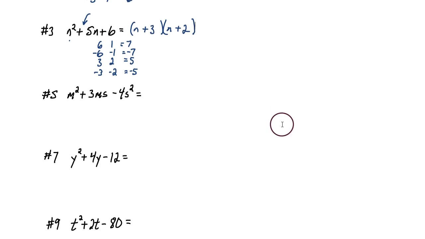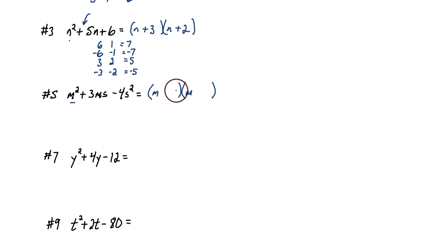Number 5. There is no greatest common factor, and it's not a perfect square trinomial, but maybe it is a factorable trinomial. So two sets of parentheses. M times m is the m squared. Now let's consider what we could multiply together to make negative 4s squared.